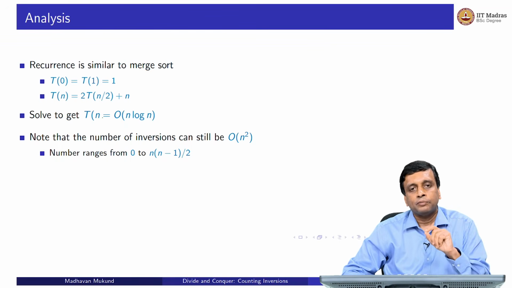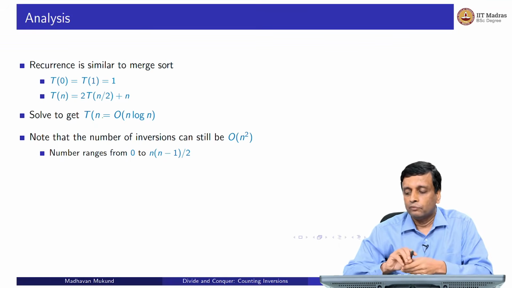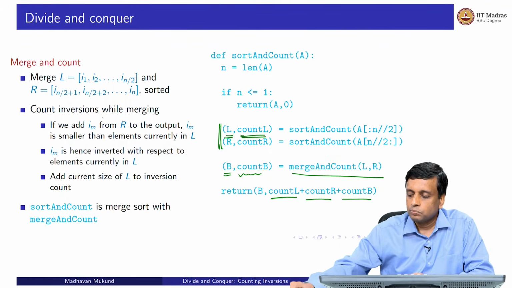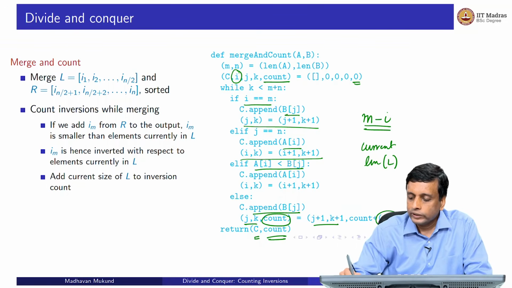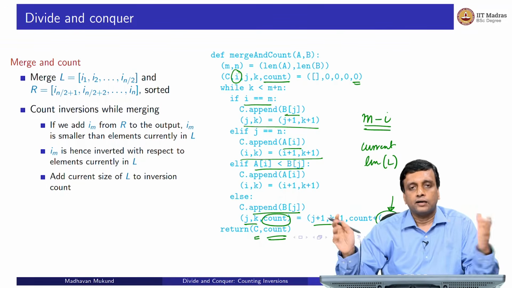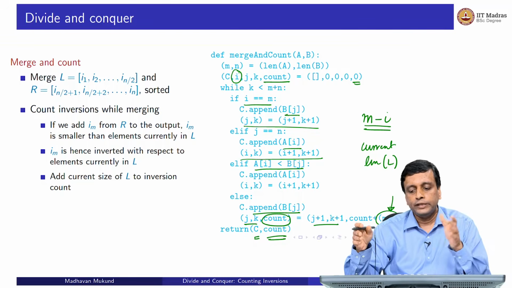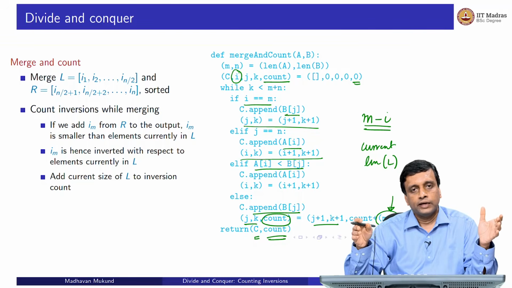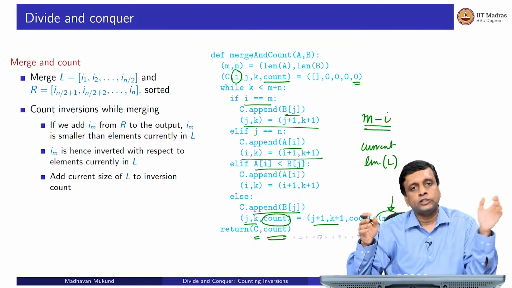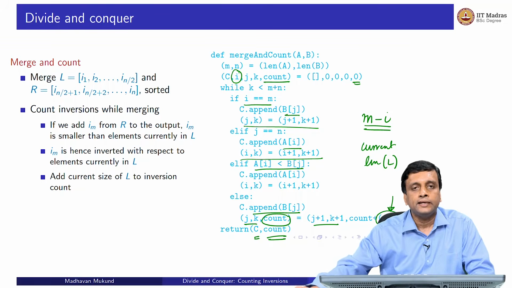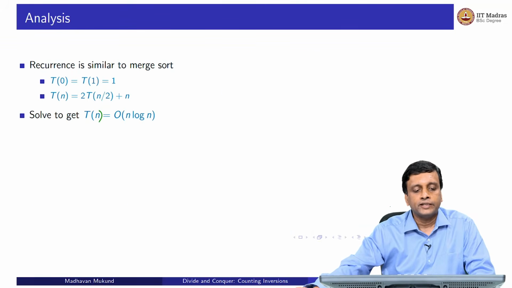Whereas here, even if the number of inversions is large, we are doing it in chunks. So if you go back to that merge and count, at this point, the count increases by a chunk, right. So if there are lots of elements that this current value b of j is inverted with, it will add all of them without going through each of them and saying, oh, I am inverted with this, I am inverted with that. So we are not explicitly examining every inverted pair.